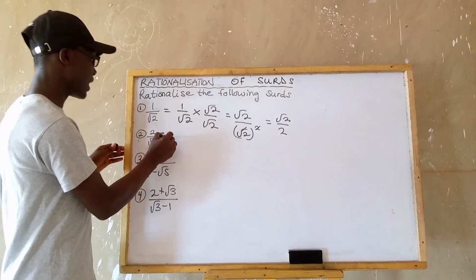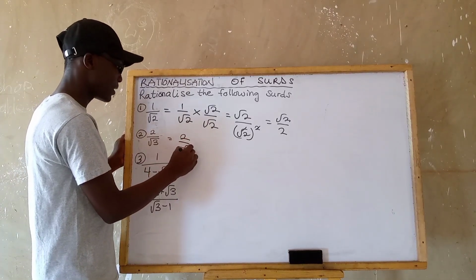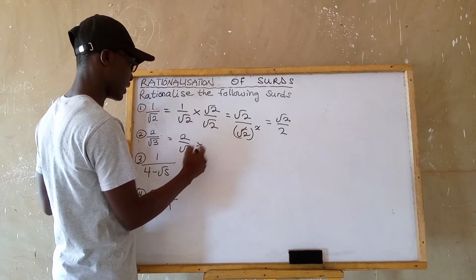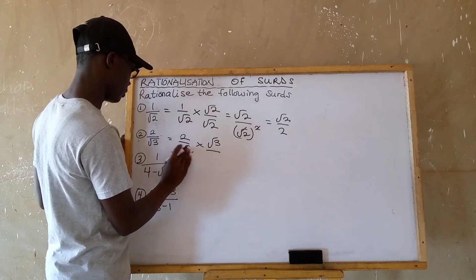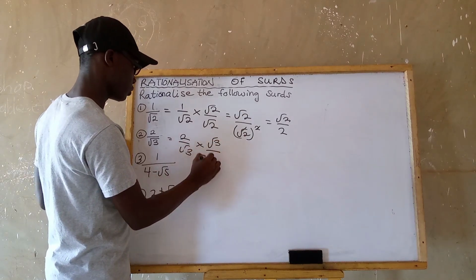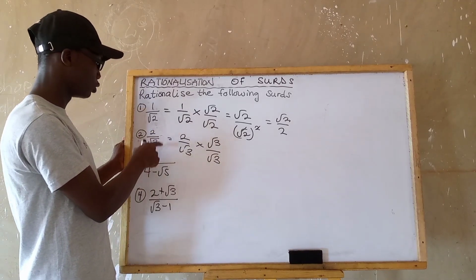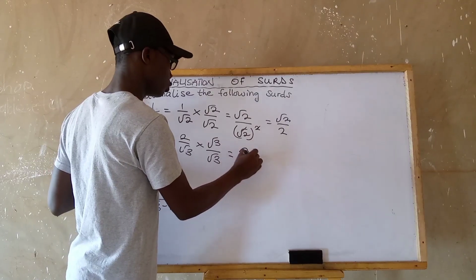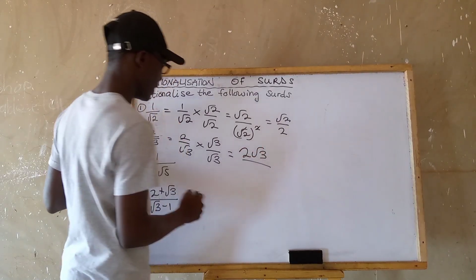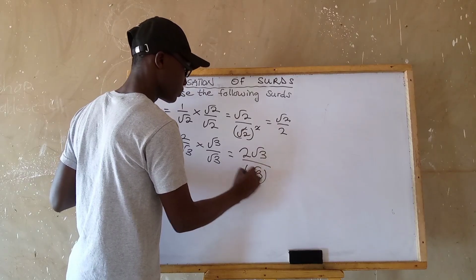Let's continue. We have 2 over root 3. So what you do is that you multiply each term by root 3 over root 3. So root 3 multiplies 2 and also 3 to give us 2 times root 3, which is 2 root 3, and then root 3 times root 3, which is root 3 squared.